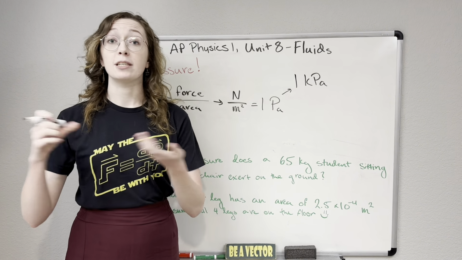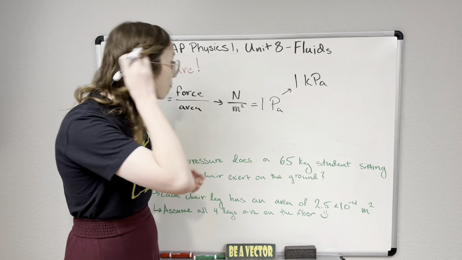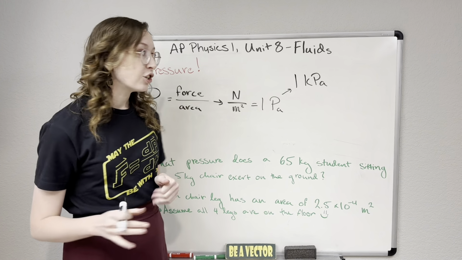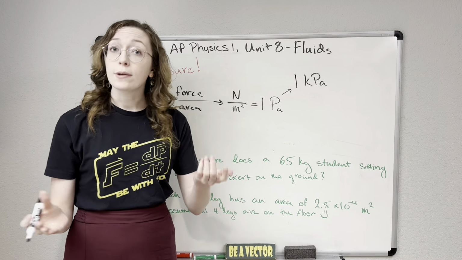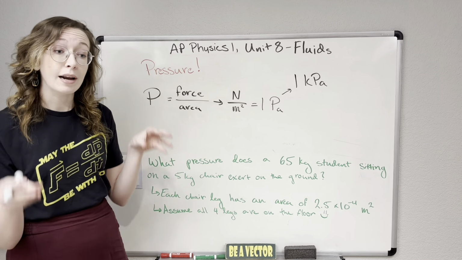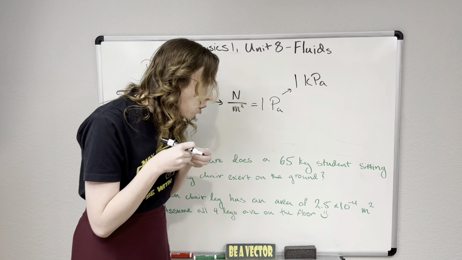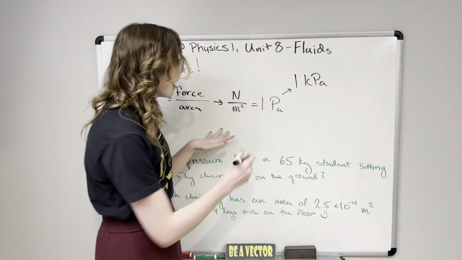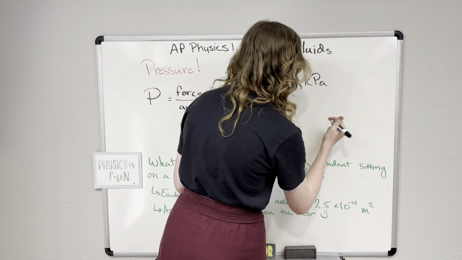If any of you have experience in chemistry, you might have been using a lot of different units for pressure. We like to change it up based on what units are convenient for the context that we're working in. So sometimes in chemistry, you're working with things that are really, really small or really, really big, so we switch up our units there.